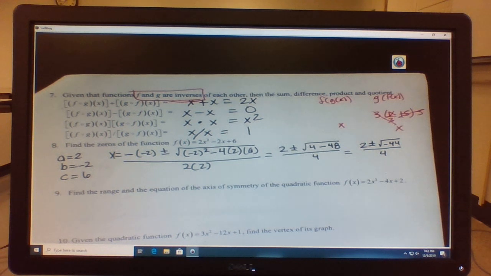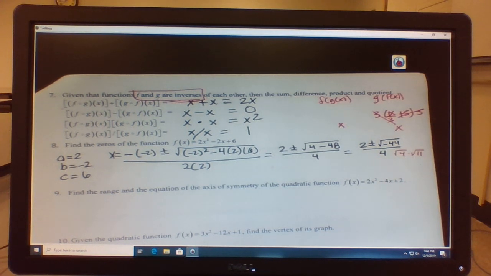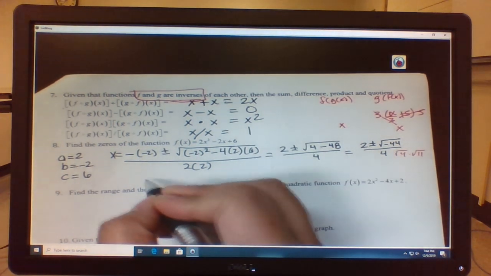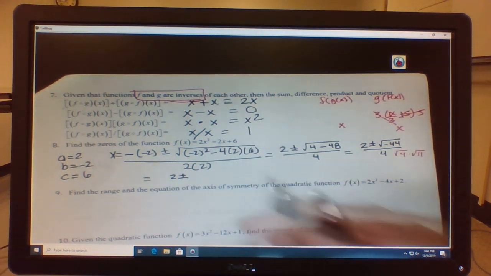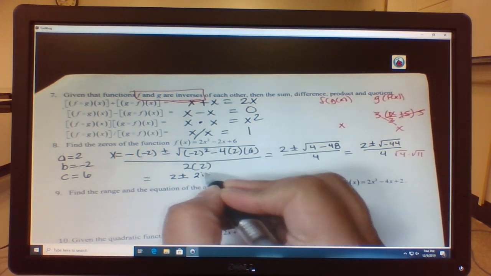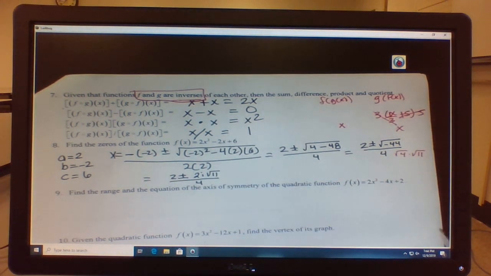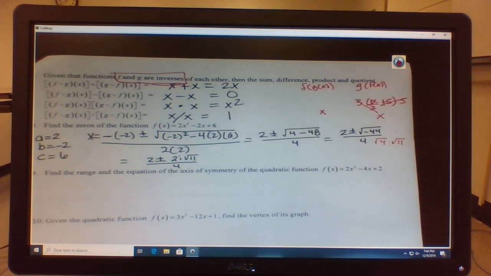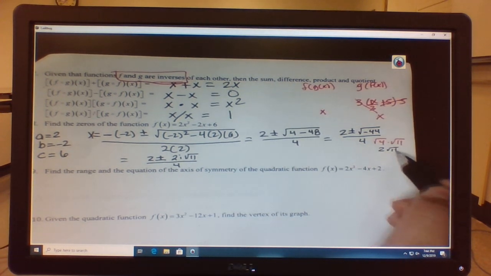So from here, the square root of 44 could break down into the square root of 4 times the square root of 11. Do you agree? So this becomes 2 plus minus 2i square root of 11 over 4, because the square root of 4 became 2, and the square root of 11 is the square root of 11.